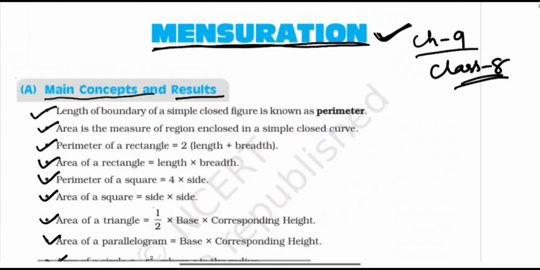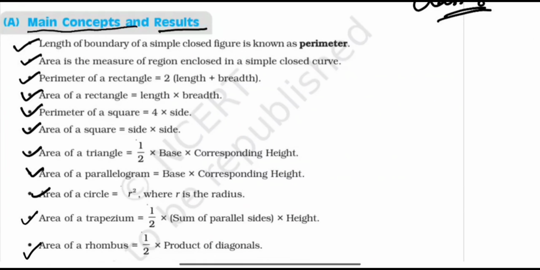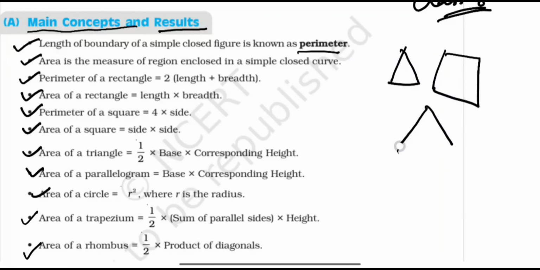So let us start from the starting. Basically, what is known as the perimeter? Perimeter is the length of the boundary of a simple closed figure. Any kind of closed figure we see, be it a triangle, a quadrilateral, or a pentagon, these are simple closed figures made up of straight lines.